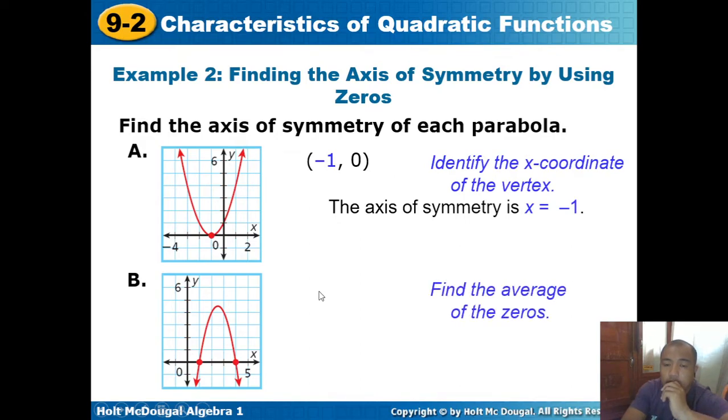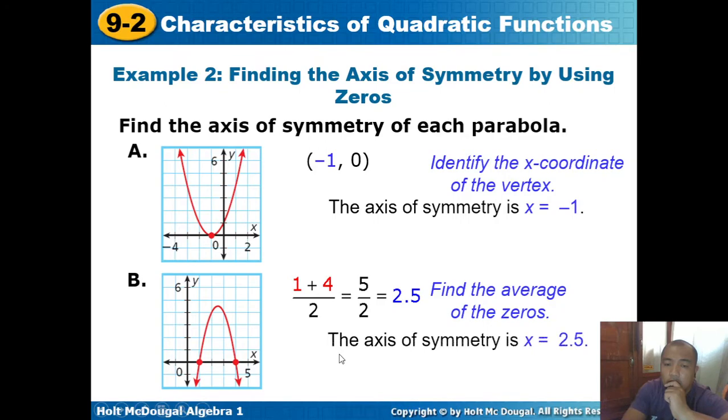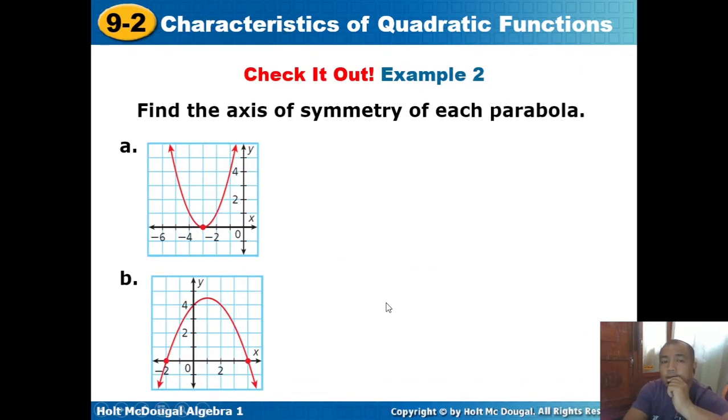Find the average of the zeros. There are two zeros here. So we have 1 and 4. 1 plus 4 is 5, divided by 2 is 2.5. Therefore, the axis of symmetry is x equals 2.5. That is the axis of symmetry, the line that divides the parabola into two halves.